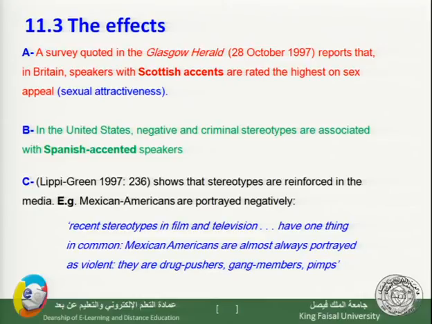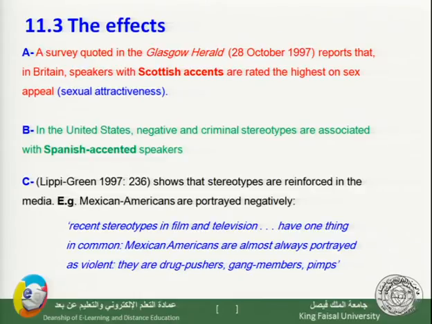And again, the example that we have here is that in the UK, people who have the Scottish accent will be thought of as being of high sexual appeal, and as sexually attractive people.